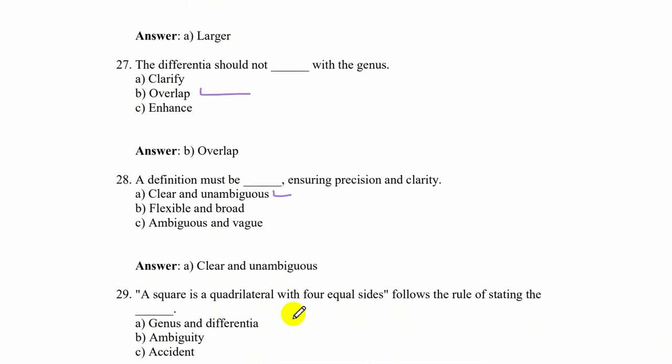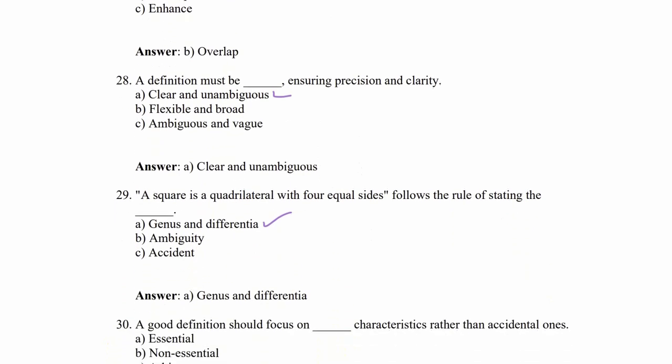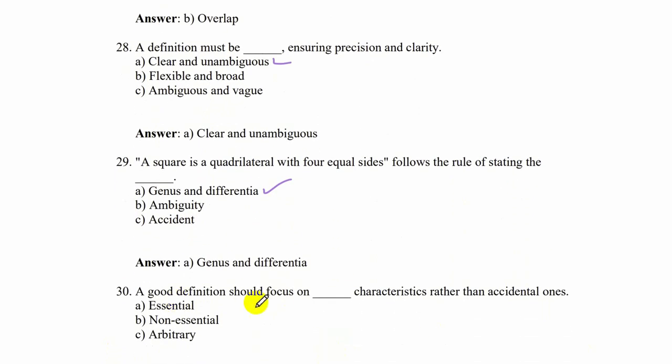A square is a quadrilateral with 4 equal sides, follows the rules of stating the genus et differentia. A good definition should focus on essential characteristics rather than accidental ones.